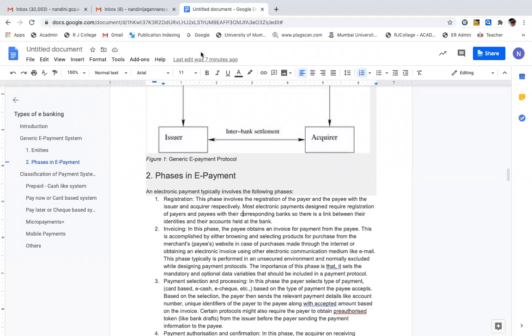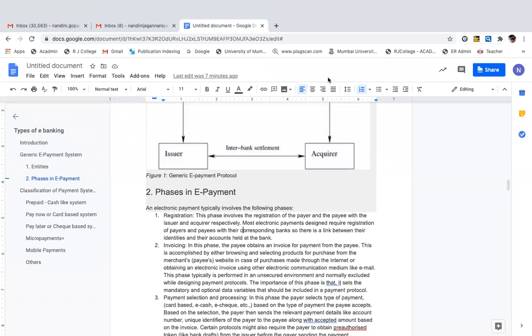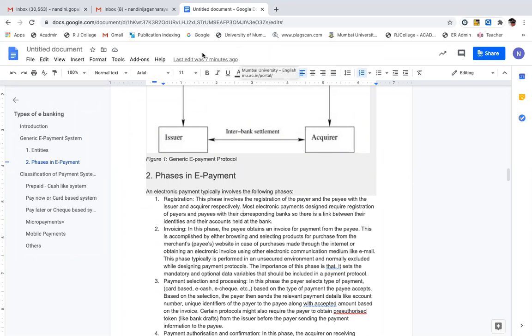A customer cannot open an account with all the banks, or Amazon cannot have an account with all of them. So it has to have a bank-to-bank relationship with Canara Bank, SBI, HDFC, and all possible banks, right? Because payment has to be received into its account and then passed on to the seller through this bank-to-bank relationship.